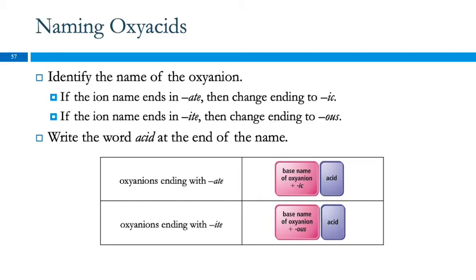All those oxyanions ended either in ate or in ite. There was sulfite and sulfate. There's hypochlorite. There's perchlorate. They all end in ate or ite. So we change the ending of the ion's name. If it ends in ate, we change it to ic. If it ends in ite, we change it to ous and put the word acid.